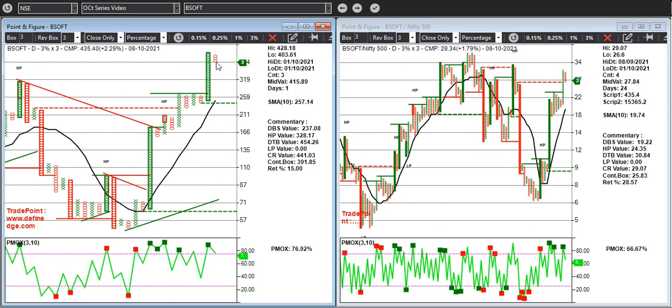So the column reversal is at 441, and DTP will happen at 455. So we can trade this with a stop loss of 237 if 455 happens.